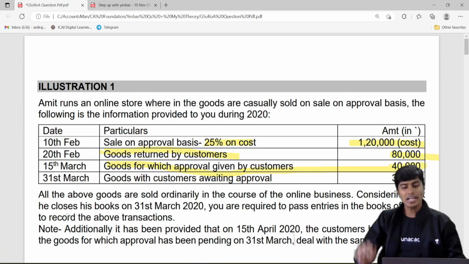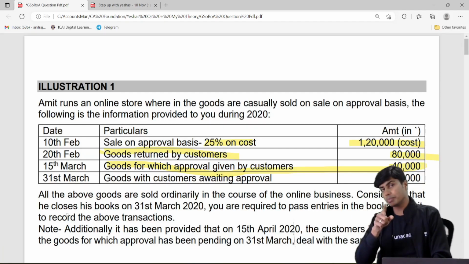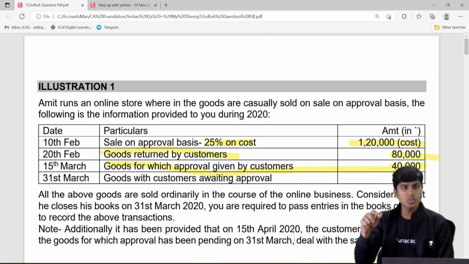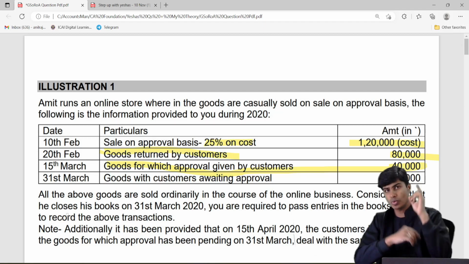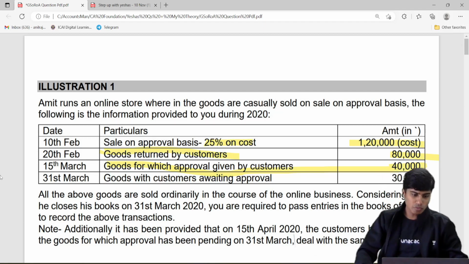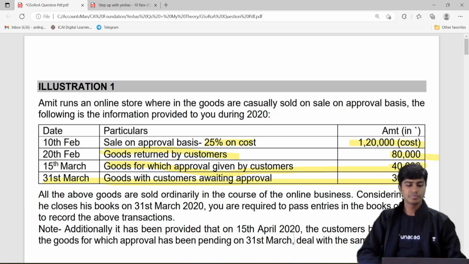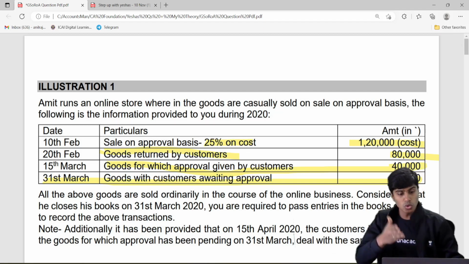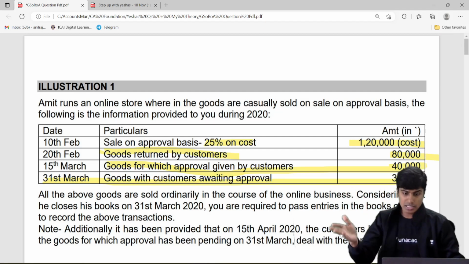So we have sent 1,50,000 worth goods, selling price being 1,50,000. 80,000 is returned, 40,000 is accepted. 80 plus 40 together makes 1,20,000. The balance of the goods which have been neither accepted nor returned, awaiting approval, is 30,000. You get that? So all the above goods are sold ordinarily in the course of business.